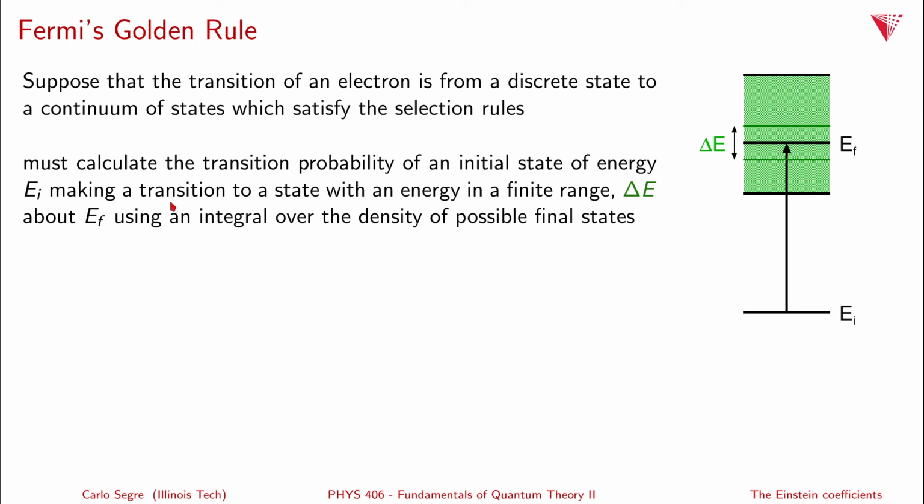What you want to do then is to calculate the transition probability of an initial state of energy E sub I, making a transition to a state within a finite energy range, delta E, around E sub F. Because of uncertainties in the energy, you can have a band over which this transition can take place.